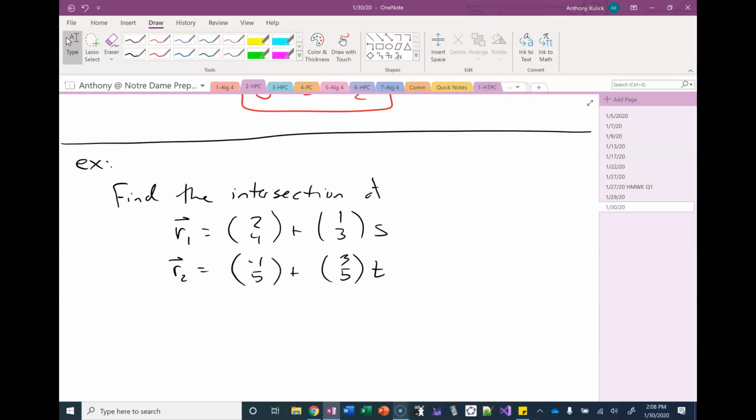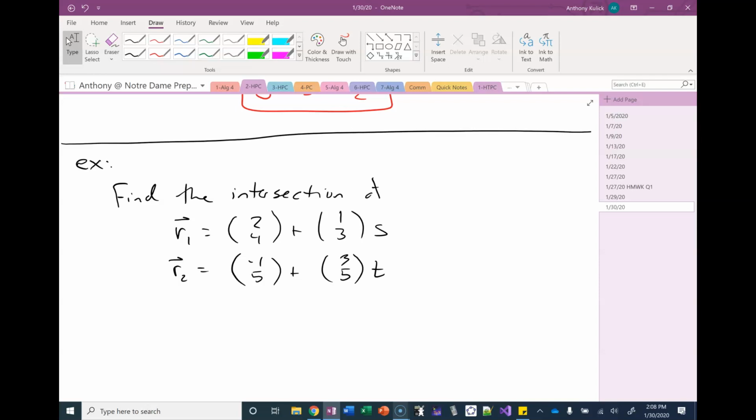What are the 3 different kinds of answers I could get? I can get a single point if the lines intersect exactly one time. I could get infinitely many points if the lines are coinciding, one line lying right on top of the other. Or I can get no points of intersection if the two lines are parallel, right? Those are the 3 different outcomes for a problem like this.